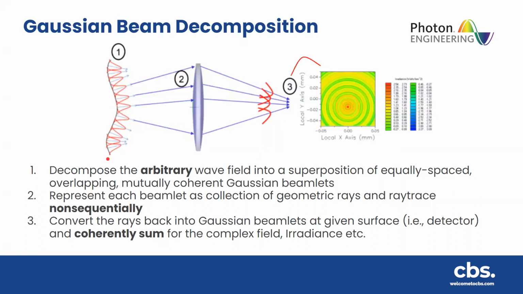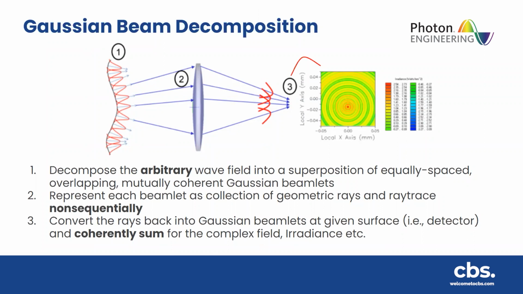That's just a mathematical solution, decomposing an arbitrary profile into a series of accumulating small Gaussian beams. And that's what these red lines indicate on the picture here. So that's step 1, just a decomposition. Step 2 is to trace these Gaussian beams through the system. Essentially, instead of tracing a ray through the system, we're tracing a small Gaussian beam.